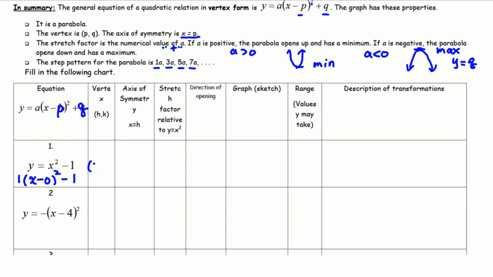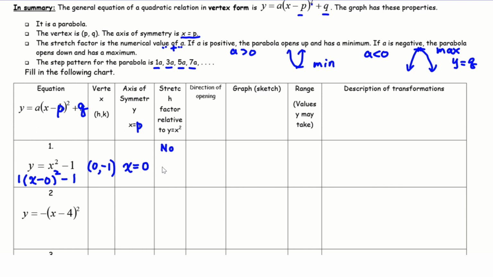So the vertex is (0, -1). Then the axis of symmetry is x equals the p value, the x coordinate, so x equals 0. The stretch factor is a equals 1, so no stretch.